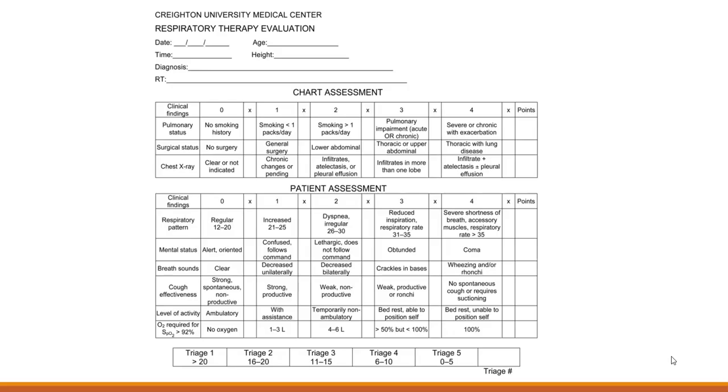This makes the patient-driven protocol more standardized and is based upon the care that is needed for the patient.